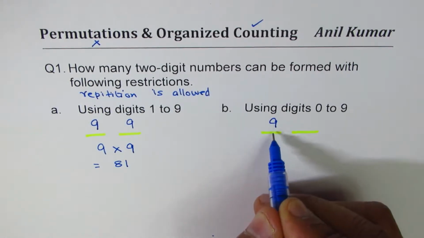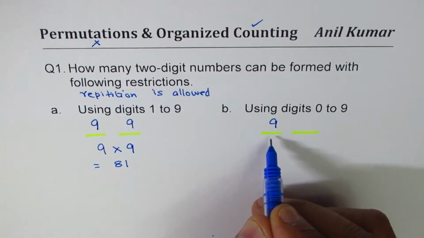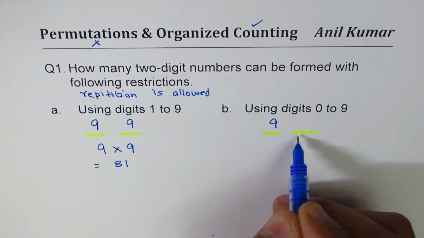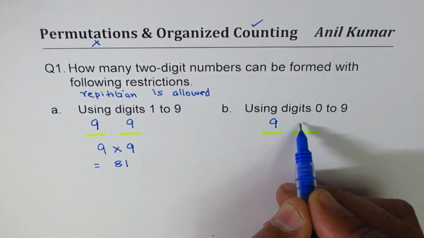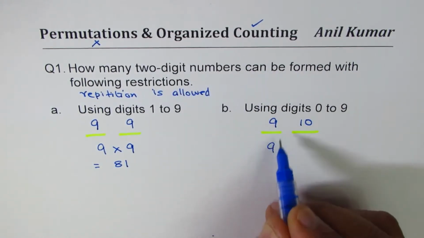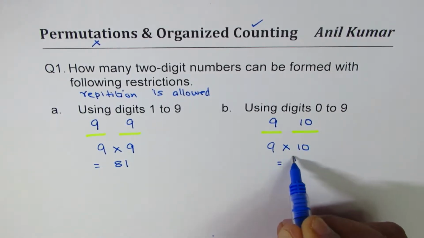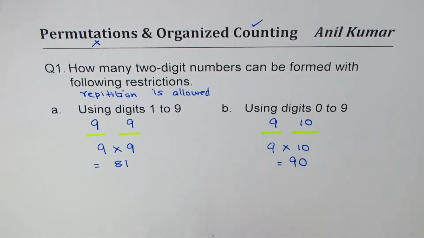So there are 9 possible numbers which you can fill on tens place. In the ones place, however, all 10 can be used, right? So using the counting principles, which is the product of these two, 9 times 10, we get the answer as 90 numbers, correct?